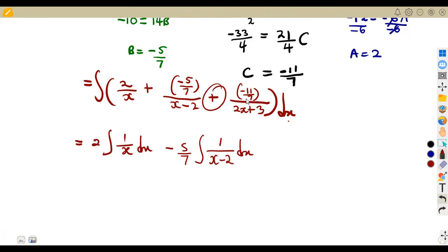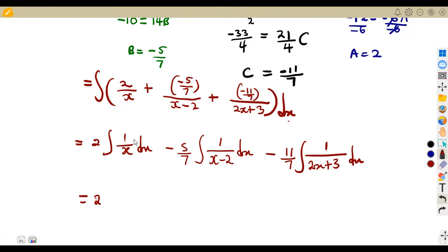The same thing, a plus and a minus gives us a minus, so it's going to be minus 11 over 7. If we take this out of the integral, you remain with 1 over 2x plus 3 with respect to x. So that's where we are, where we can now integrate. At this stage it's a simpler part because we're supposed to integrate now.